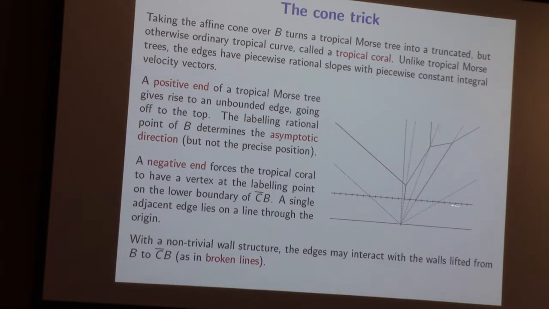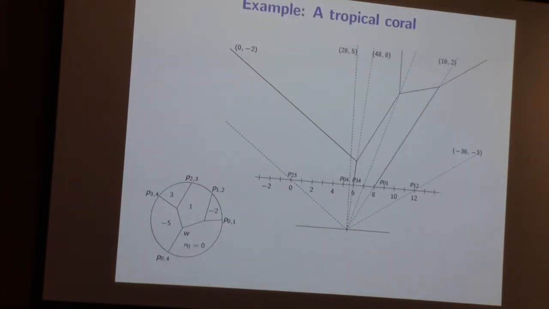Okay? And here we want that the tropical coral actually ends at the point that you want it to end at. So there's no parallel transport possible. And then again, with the non-trivial wall structure, you would take the cones over the walls, and then you have the things that we call broken lines that came up in our construction of theta functions.